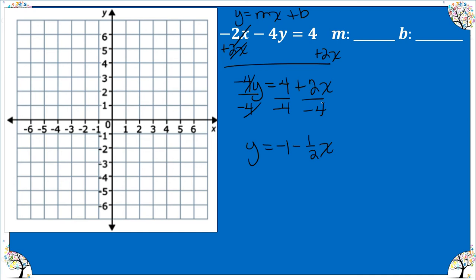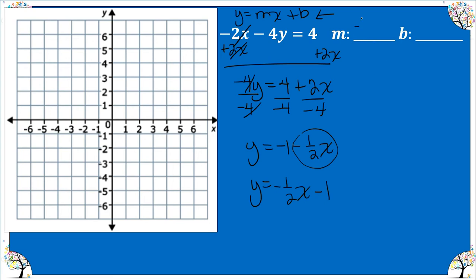So when we have a fraction as our coefficient of x, that's our slope, do not convert it to a decimal or a mixed number. So here we just have -1/2. Now I am going to move my x term in the front and move my constant to the back so it looks like y equals mx plus b.